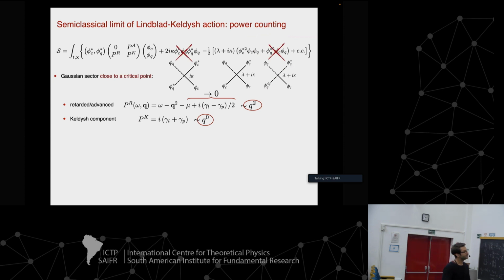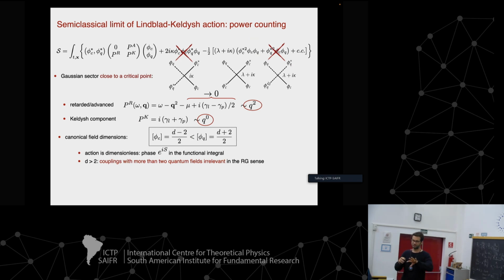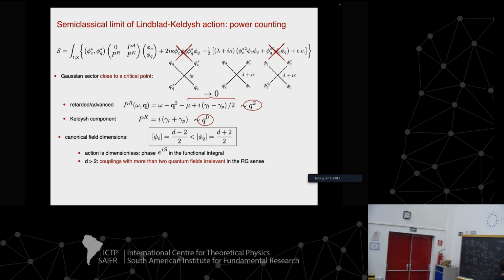And this then leads to a splitting of the so-called canonical field dimensions of the classical and the quantum field. So they get different scaling dimensions. How can you see that?